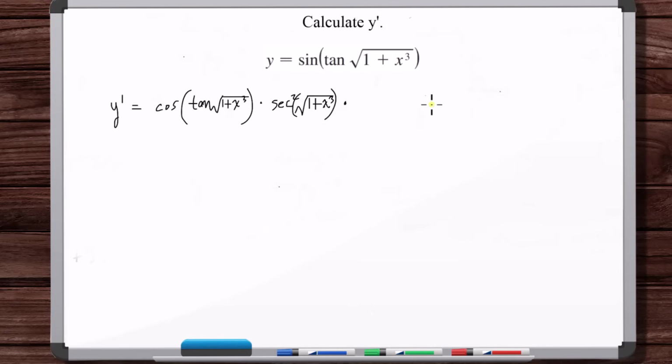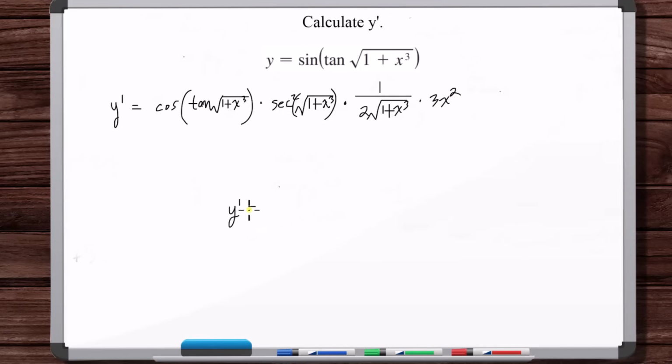We have the square root of something. What is the derivative of the square root of something? 1 over 2 root that something, times the derivative of that something. This is the last step. We have no more composite functions, so what's the derivative of 1 plus x cubed? 3x squared.